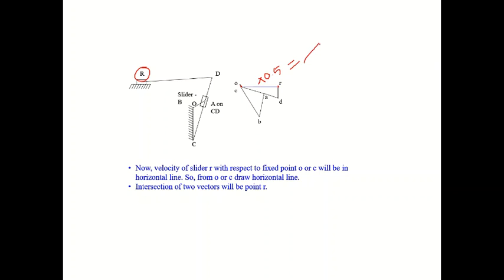So you will get the velocity of the slider R. I hope you understand. If you didn't understand, please watch the video carefully and slowly, and you will get the answer. Draw this space diagram and this velocity diagram in the drawing sheet. We will see the next problem in the next class.